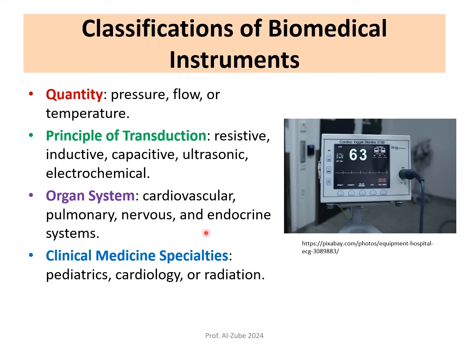Or you can categorize biomedical instruments based on the clinical medicine specialties. For example, you can say, I would like to learn and design biomedical instruments that are used in pediatrics or cardiology or radiation. So this is a very important slide that shows you the different classifications of biomedical instruments.